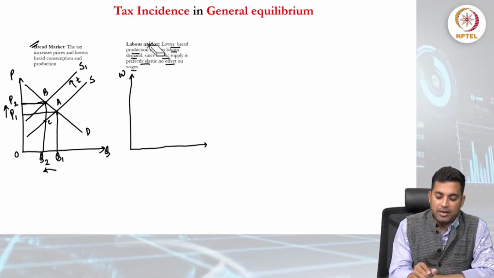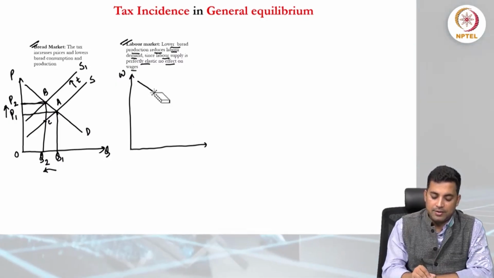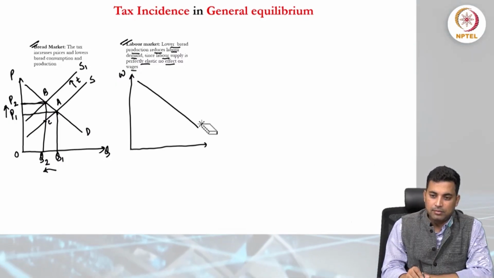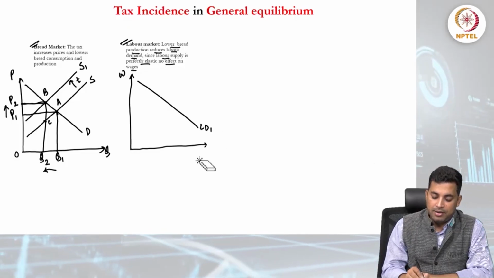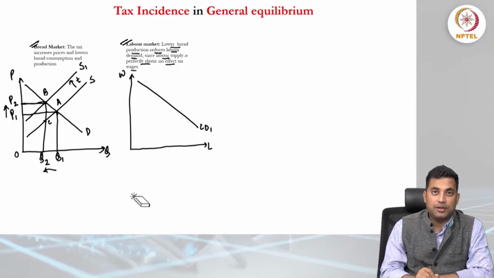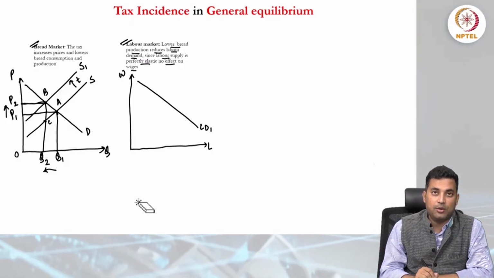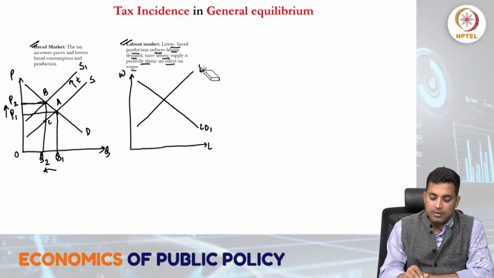Here is the bread market, and here is the labor market. This is labor demand 1, and labor is measured along the horizontal axis and wage along the vertical axis, and then this is labor supply.